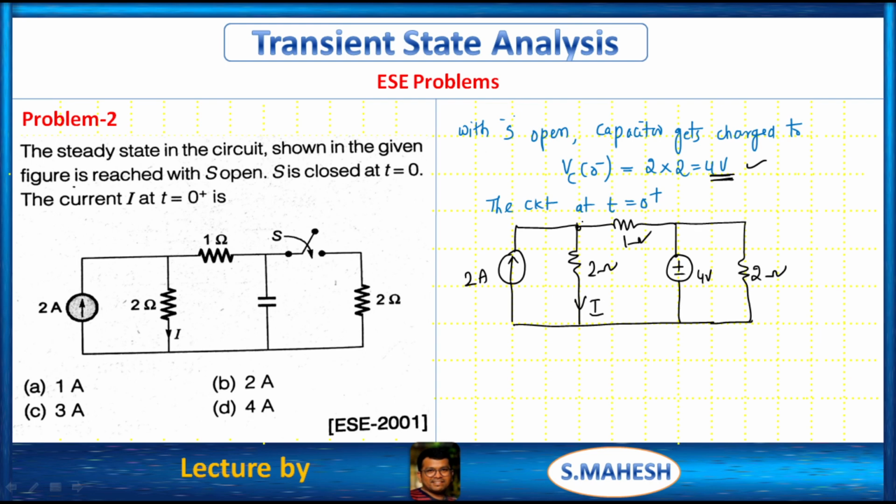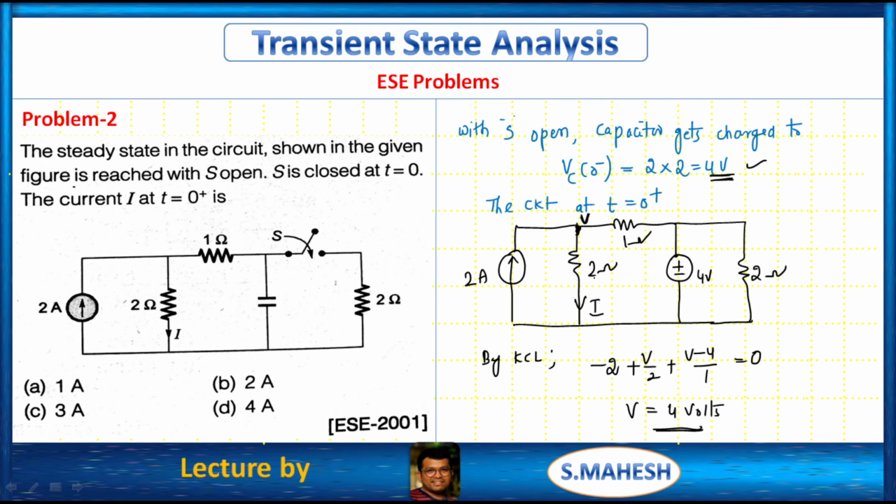Let us say this node is V. From this, by KCL, minus 2 entering, plus V by 2, plus (V minus 4) by 1, equal to 0. From this, V is equal to 4 volts only. So the node voltage is nothing but 4 volts only.